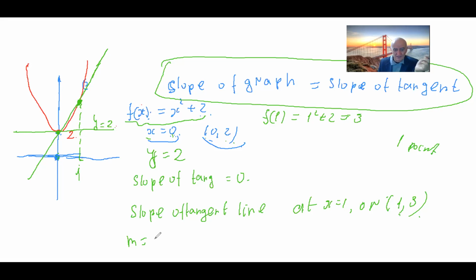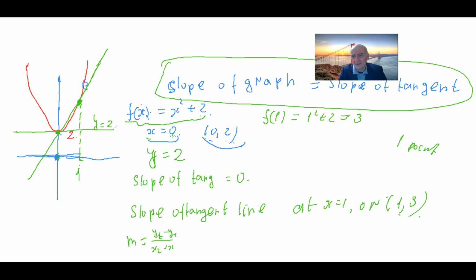We know very well what m is: the difference of second coordinates divided by the difference of first coordinates. But here, unfortunately, we have only 1 point.